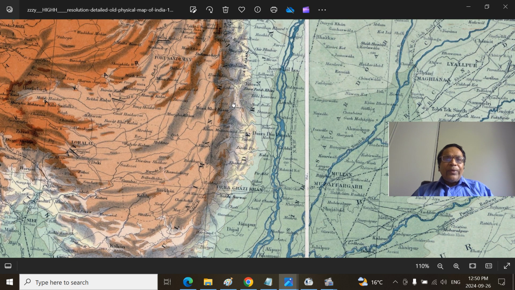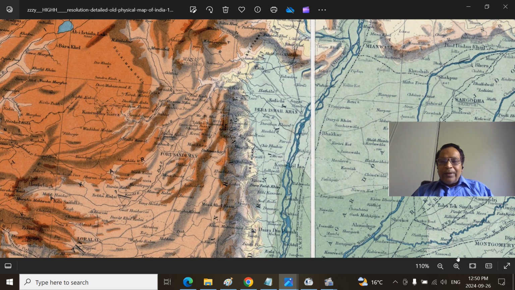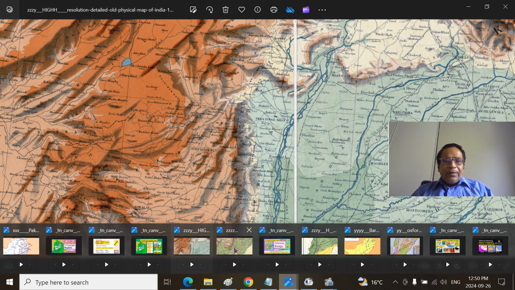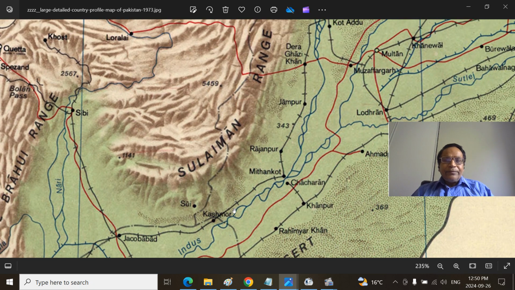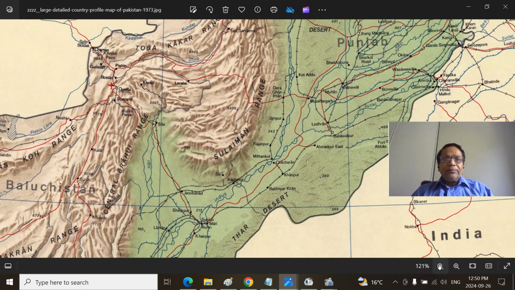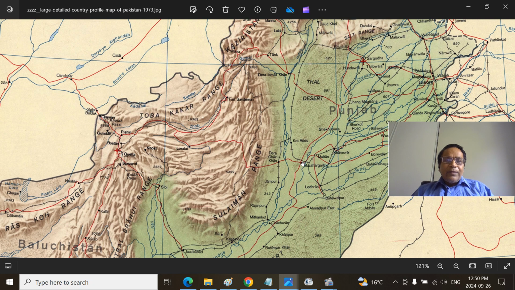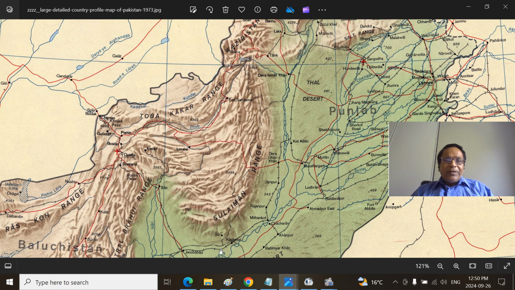You can see the Sulaiman ranges, almost the southern border of this, Kandkot, and Mithankot here. From here you can go up to the Gomal River.